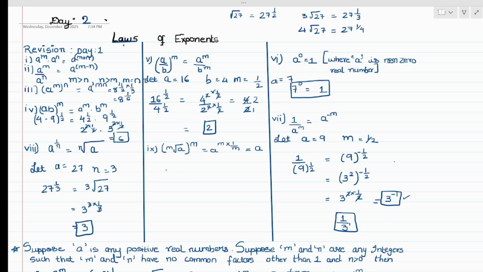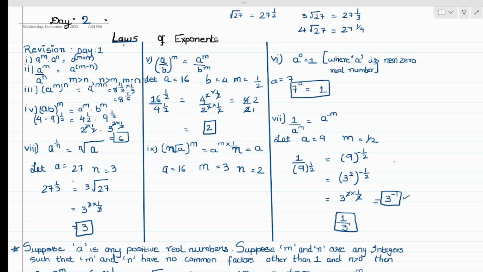So let's take my a as 16, and I'm taking my m as 3. Now I can change my letter. I'm changing this letter as n, and I'm taking another number, n equals 2.